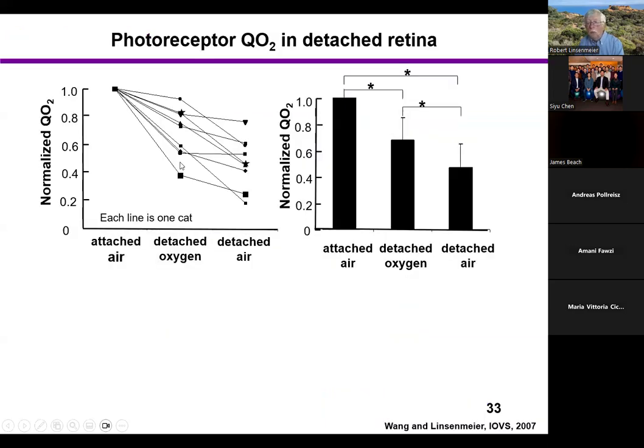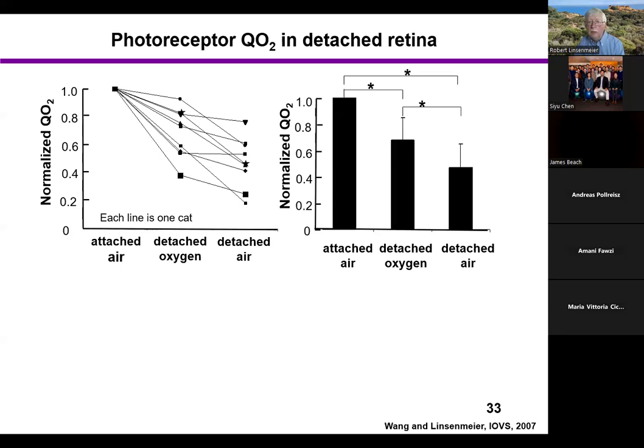So what about the consumption? Well, let's just look at the right here. We'll call the oxygen consumption of the photoreceptor 100%, or 1, when the retina is attached and the animal is air breathing. If you detach the retina, it falls to about half, even though these detachments are relatively small.